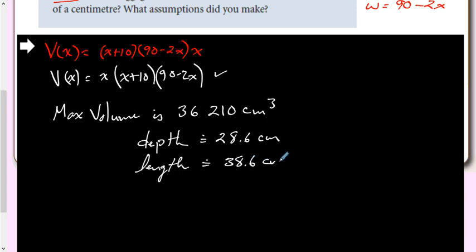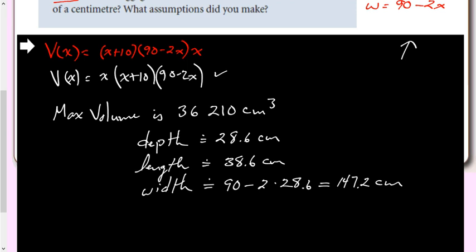And then the width, well, that's what I had written up here, as you can see, the 90 minus 2x. So here I want to do 90 minus 2 times that 28.6 centimeters. And what do we get when we do that? We get about 147.2 centimeters.